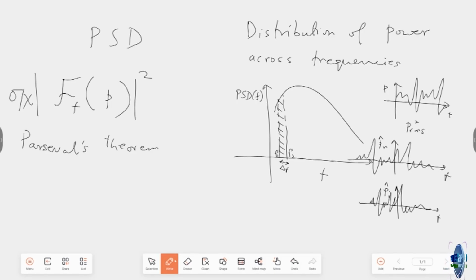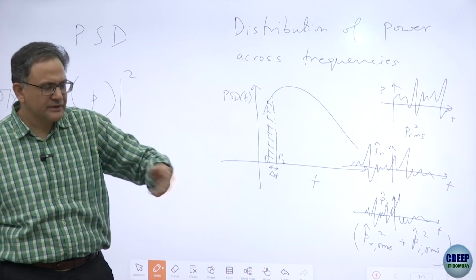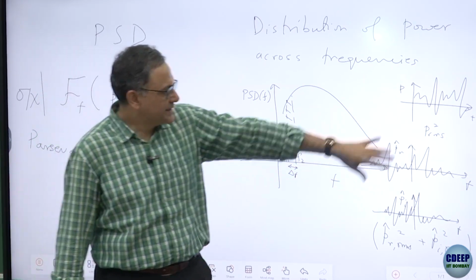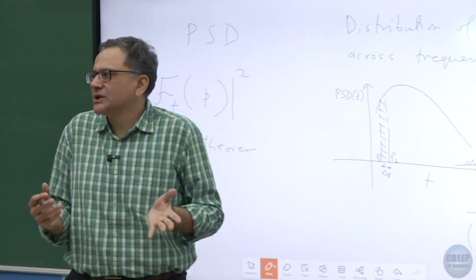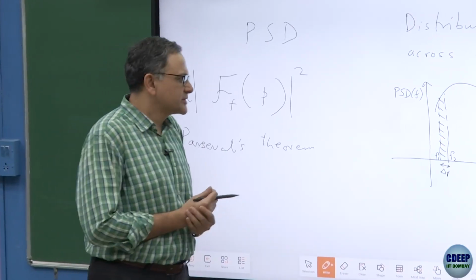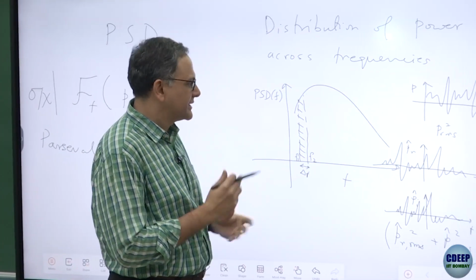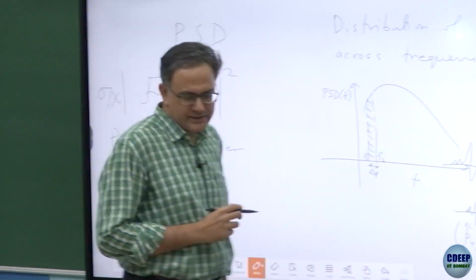The idea is that the RMS square of these two together, P hat R RMS squared plus P hat I RMS squared, should equal P RMS squared. So the power in the signal, and these are appropriate measures of power that you have to see for yourself, is equal, so there's no information lost in doing the Fourier transform. The Fourier transform preserves the information in the signal, and here information is power, in a sense.